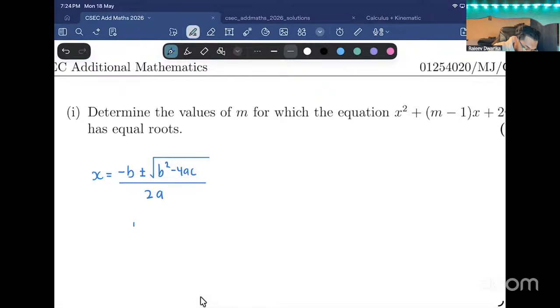So let me write that down quickly. If b squared minus 4ac is equal to 0, you're gonna have real and equal roots. If b squared minus 4ac is less than 0, you're gonna have complex roots.